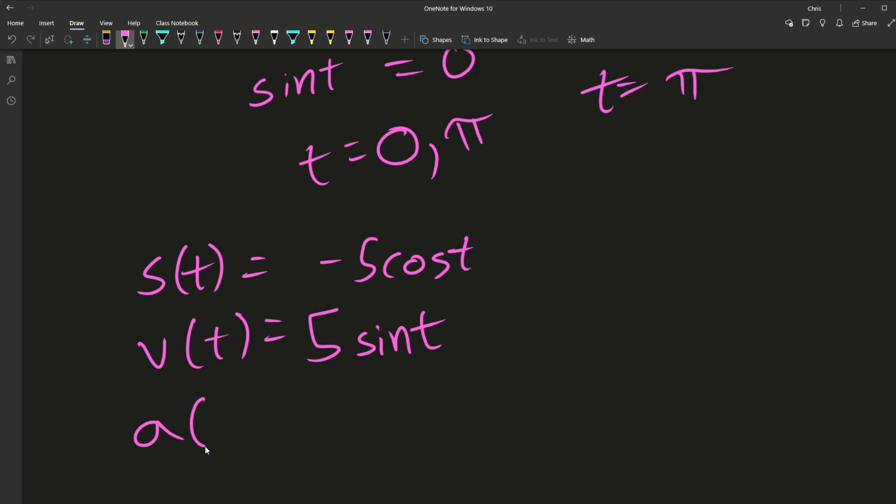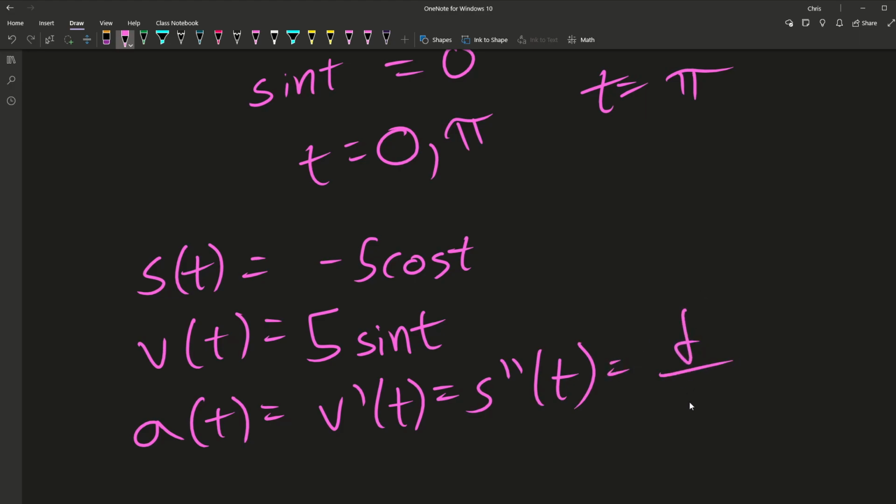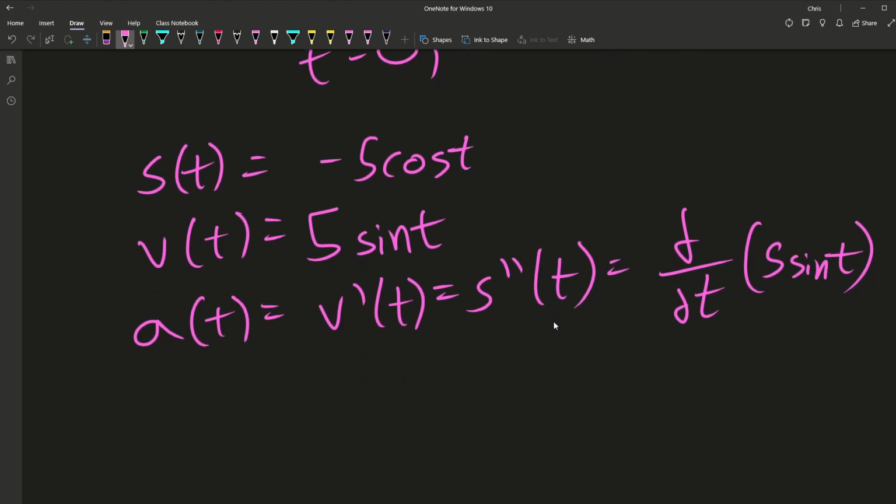I know that a of t, the acceleration function, is v prime of t, or you can also think of this as s double prime of t. This will be the derivative with respect to time of the velocity function. And this will be 5 cosine of t.